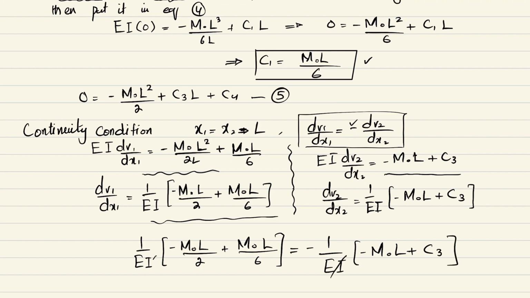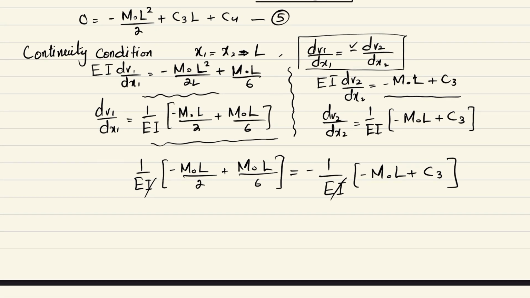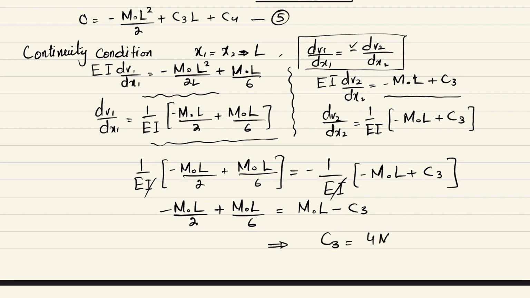1 over EI, 1 over EI will be cancelled. So we will only have this term: minus m naught L by 2 plus m naught L by 6 is equal to plus m naught L minus C3. So again, when you solve this, you will get C3 equal to 4 m naught L over 3.